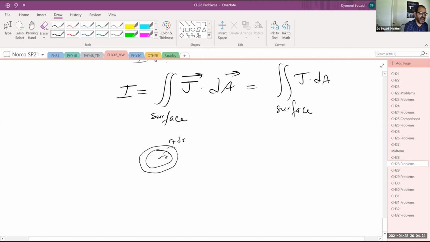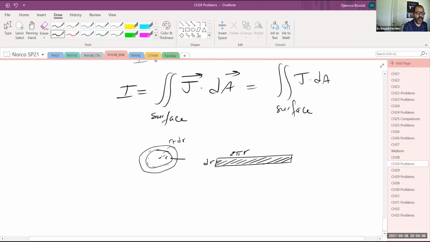So what I'm going to do is take this strip and open it. If I take this strip and open it and cut it in here, for example, this is how it looks like. It has a width of dr, but it has a length of 2 pi r. So it's 2 pi r dr. So this strip that I took, what is its area?